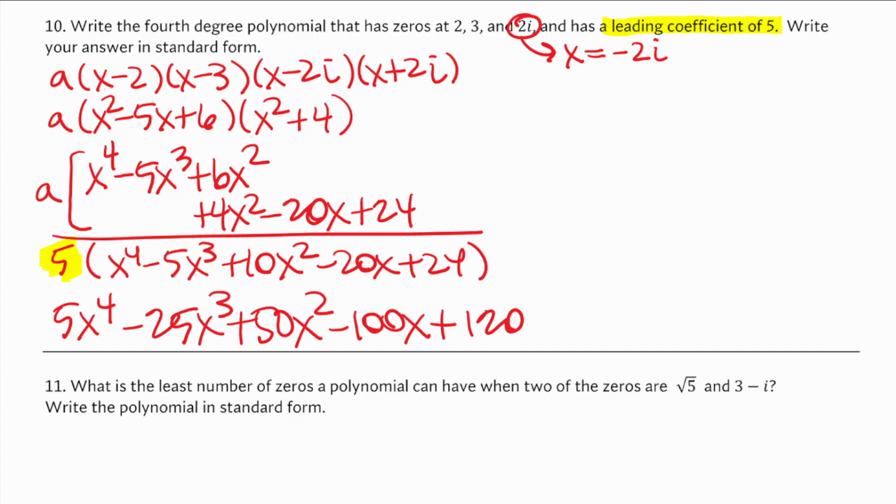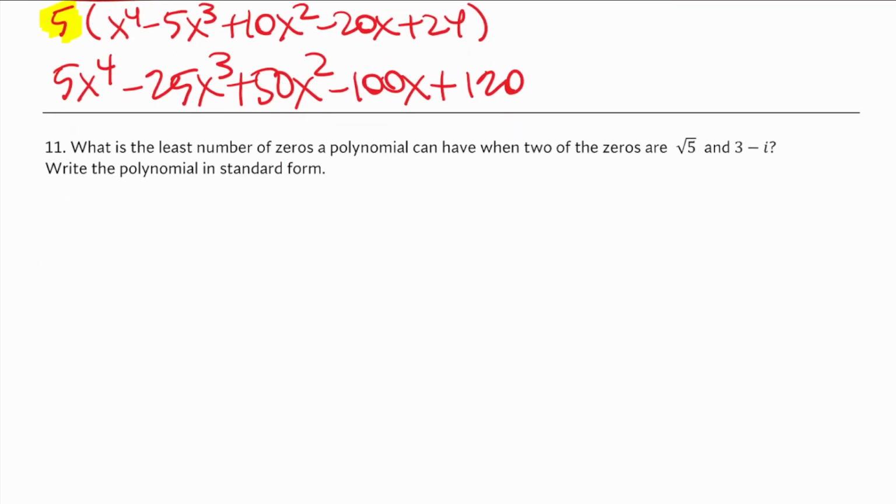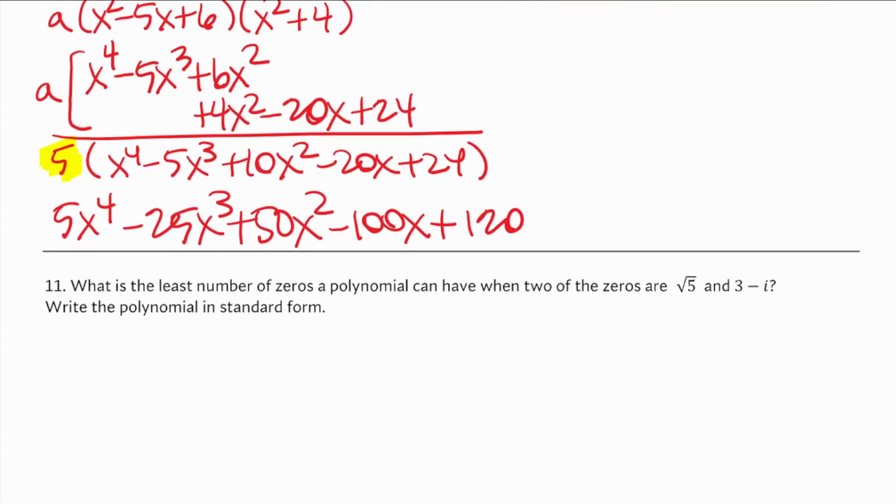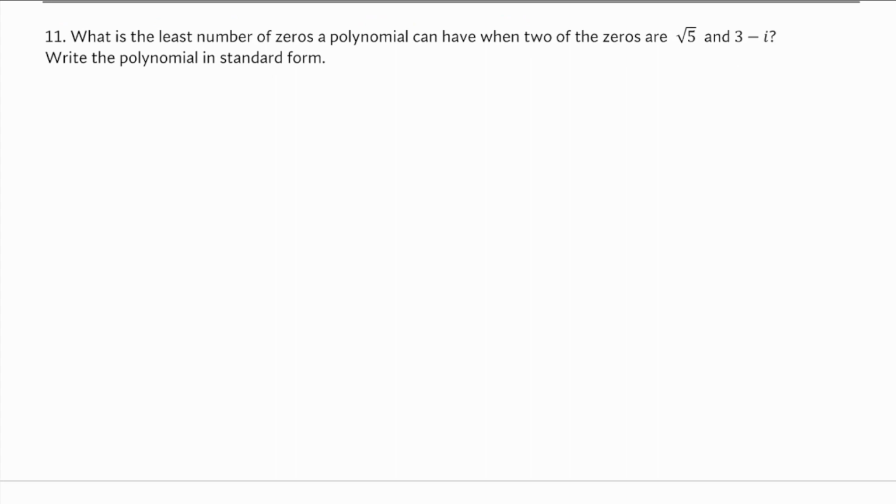And also, multiplying by 5 is kind of like dividing by 2 in some sense, so something to think about. Okay, and that would be a 4th degree polynomial with those zeros and has a leading coefficient of 5, with real coefficients or rational coefficients.